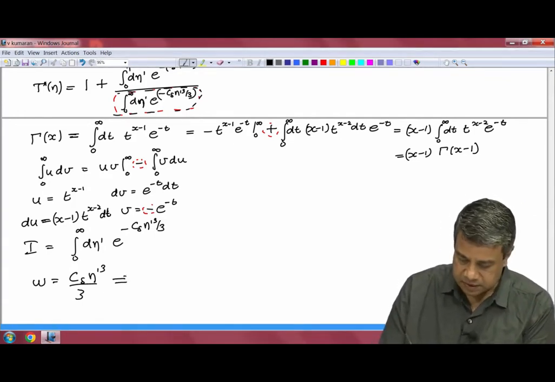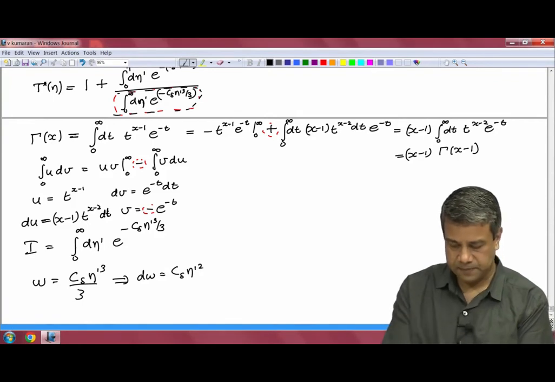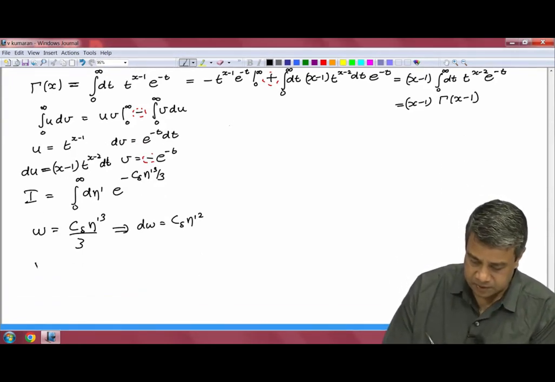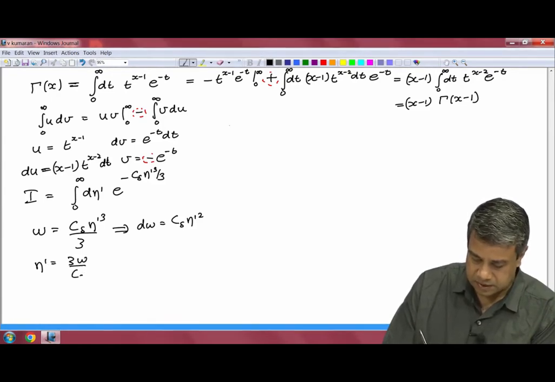This implies that dw is equal to c delta eta prime square d eta prime. And eta prime in terms of w is that eta prime is equal to 3w by c delta whole power 1/3.